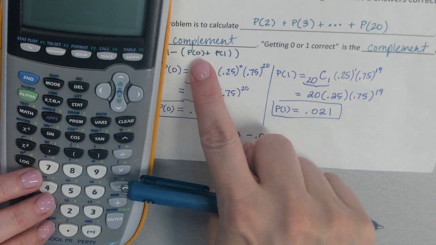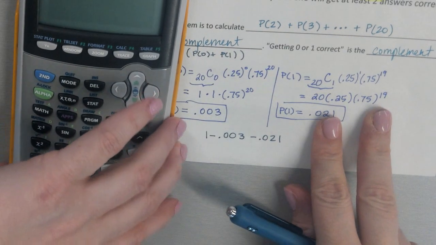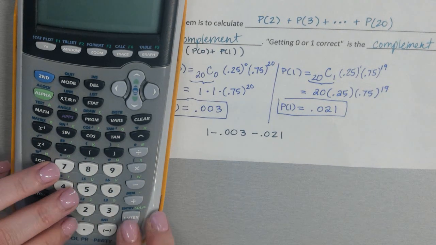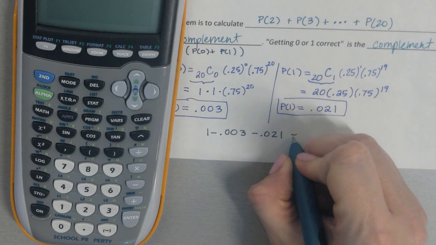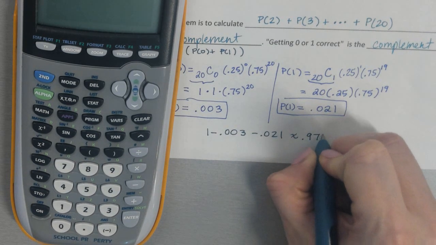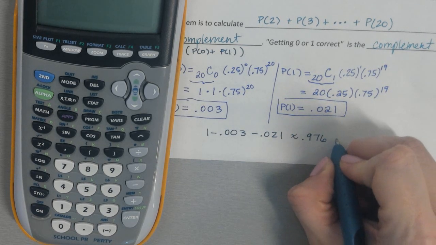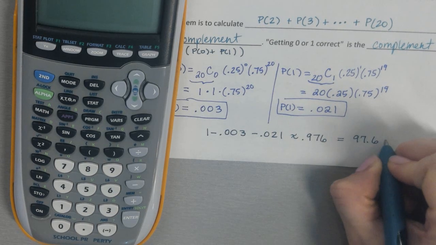I put these in parentheses so that you would distribute the negative. So you're subtracting both, or you can add them together and then subtract that number. Doesn't matter which way you do it, either way you will get approximately 0.976, which is 97.6%.